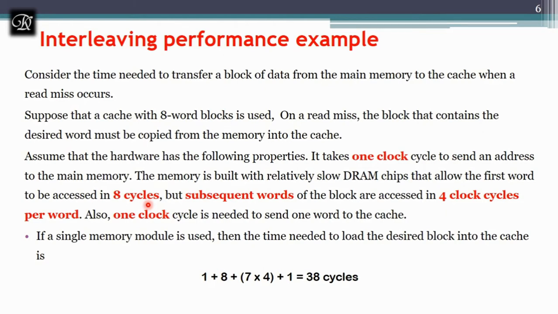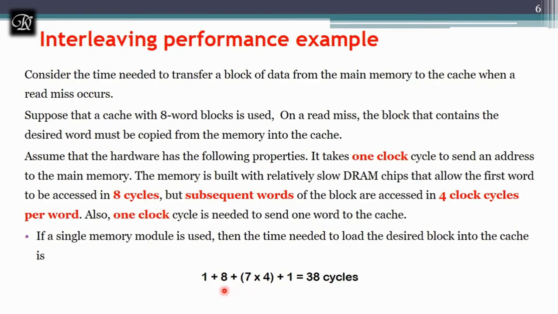And finally, we need 1 clock cycle to send the word to the cache. So 1 clock cycle to send the address, 1 clock cycle to send the data, and to locate, we need 8 clock cycles for the first word, and 4 clock cycles for each of the remaining 7 words.